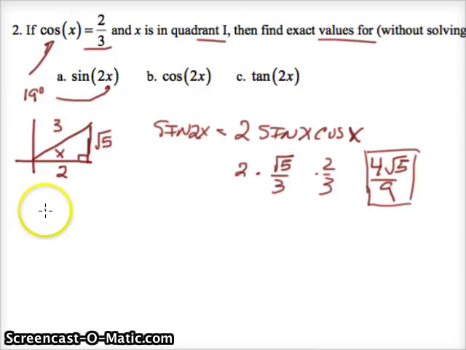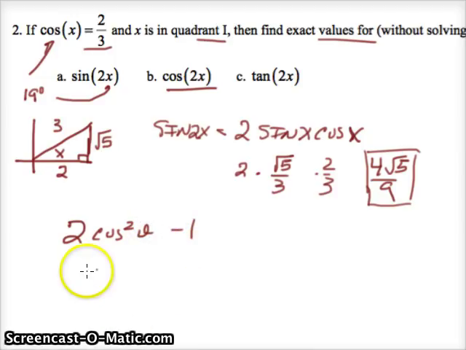Now, how about cosine of 2x? There are a lot of ways to do that. Since you already have the cosine of the value, maybe it'd be a good idea to just use the double angle identity that just uses cosine. So again, I'm looking at my sheet. Cosine of 2x is the same thing as 2 cosine squared theta minus 1.